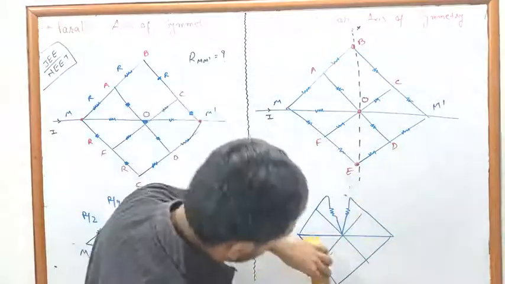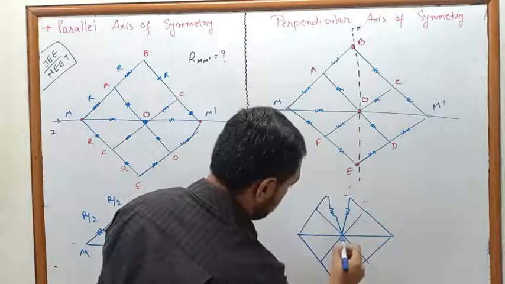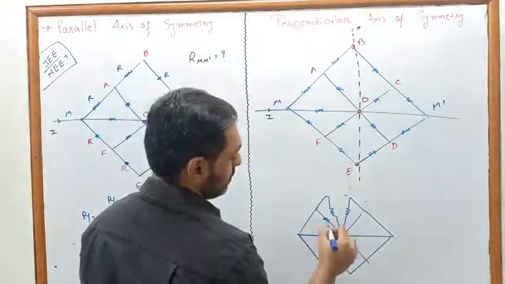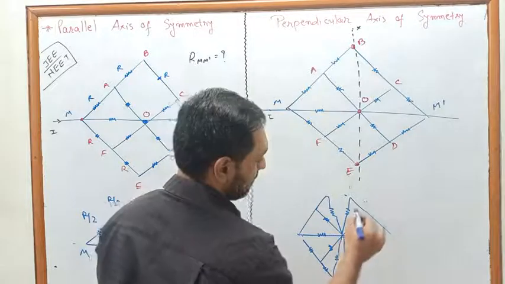So you can join over here and like this. So this is the reduced network.